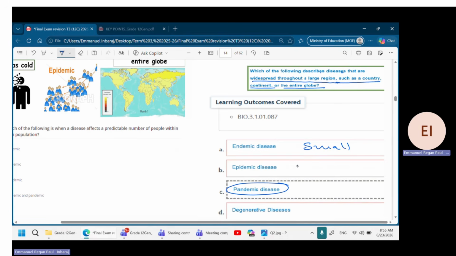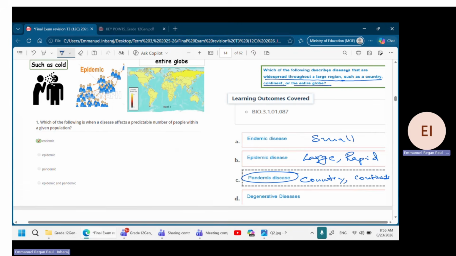Epidemic is large and rapid. Then pandemic, you can say it is widespread across countries, continents, and the globe. This is pandemic.